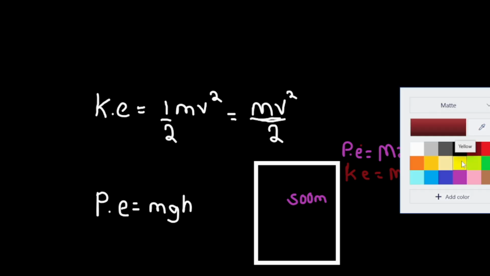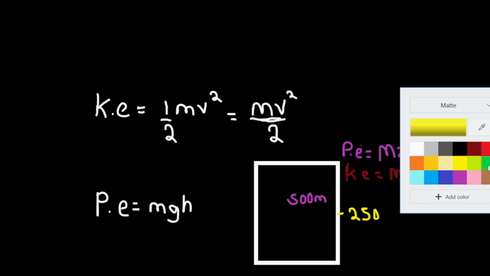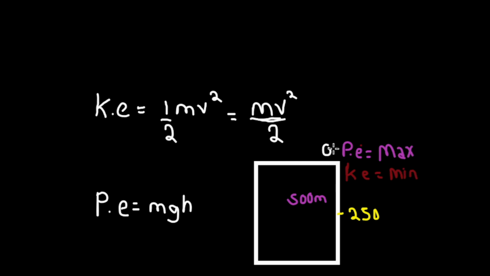Now let's say we were at 250 meters of the cliff. Once you're halfway down the box, there's an interesting phenomenon that happens at this point. Let's say we had the ball here, and the ball was falling. Once the ball reaches halfway, which is at 250 meters, its potential energy becomes equal to its kinetic energy.